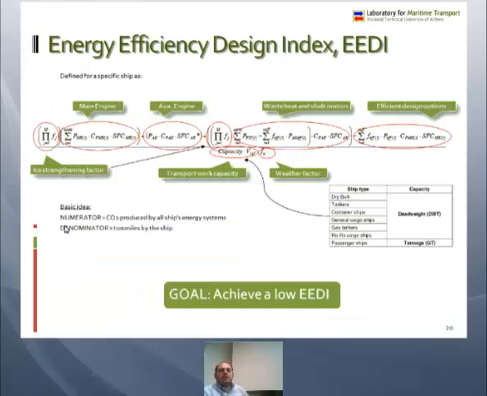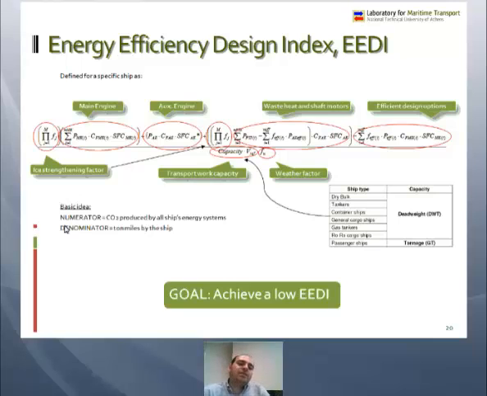This is the so-called EEDI. All vessels that are built right now and from now on have to comply with this regulation. You have to estimate this EEDI for the vessel that you are building or that you want to design.